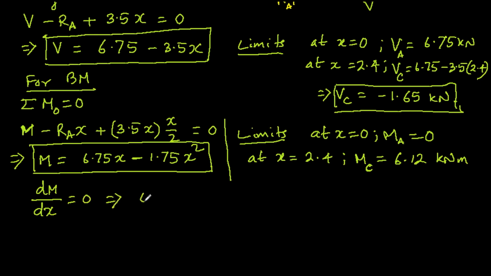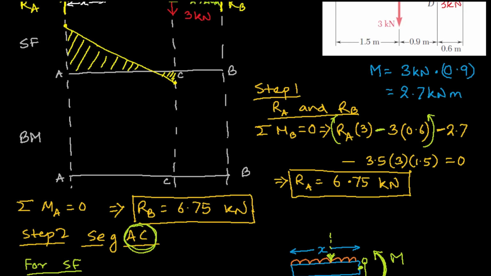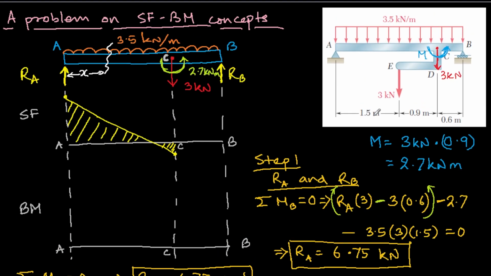So that will give you 6.75 minus 3.5x is 0, implies x will come out to be 1.9286. So this is the location. Let's see, 1.92, this is 1.5, so somewhere here the maximum will occur.